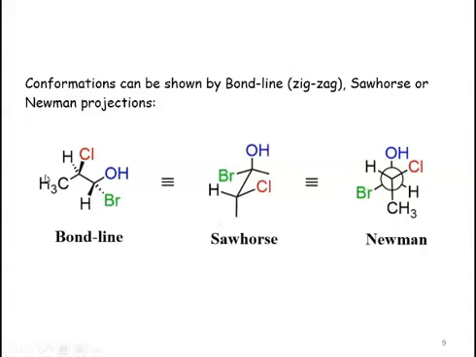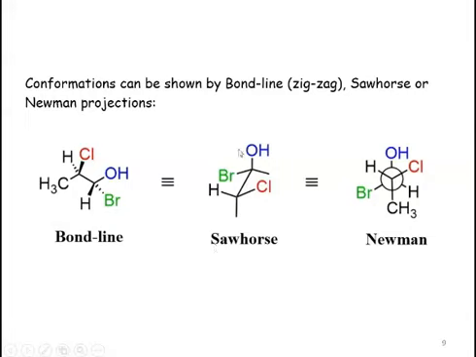These conformations can be represented by a bond line structure or a zigzag structure. The second method is by Sawhorse projection, and the third method is by Newman projections. The bond line projection is shown like this.